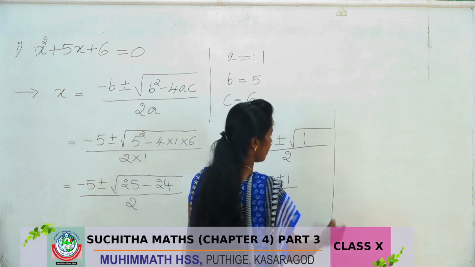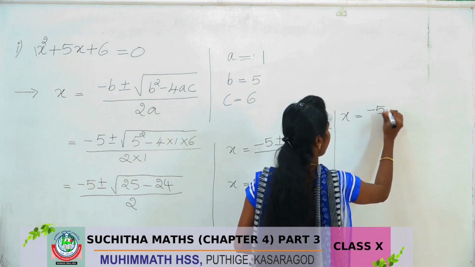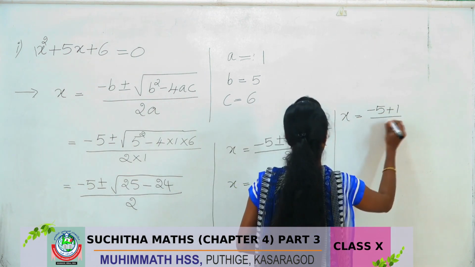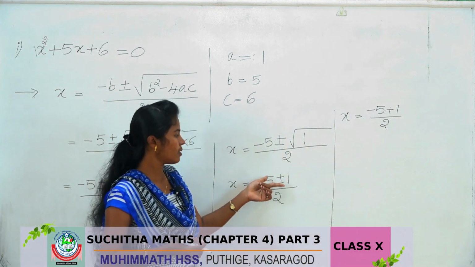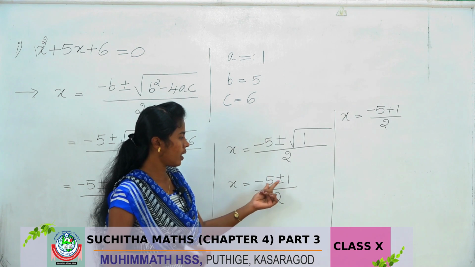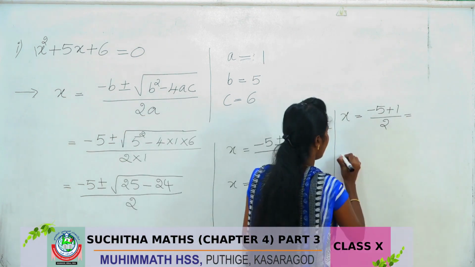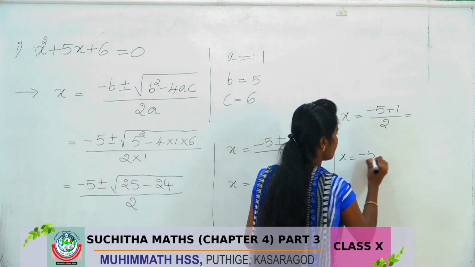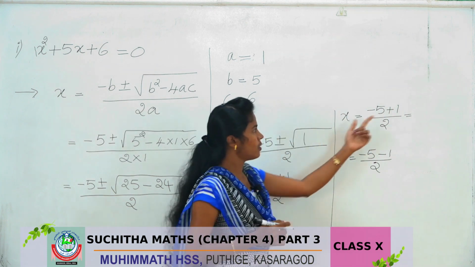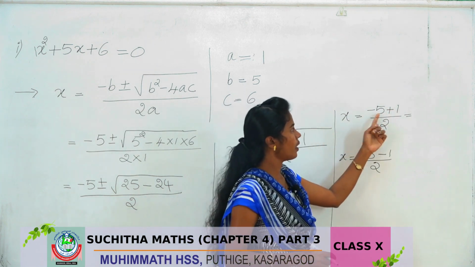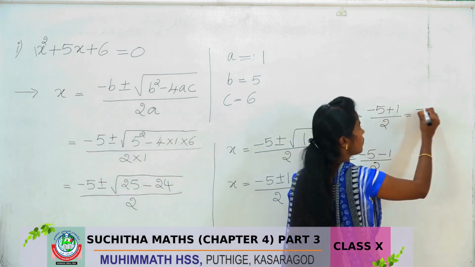That is x equal to minus 5 plus 1 divided by 2. Here there is plus or minus, so you can split here, okay. Minus 5 plus 1 divided by 2 and x equal to minus 5 minus 1 divided by 2. Minus 5 plus 1 is minus 4.